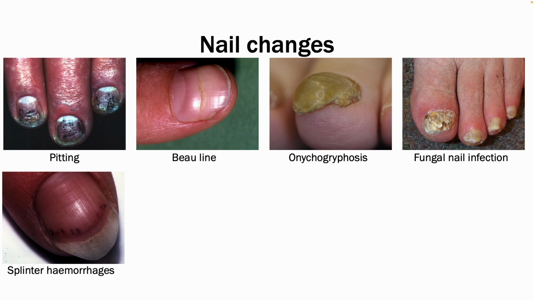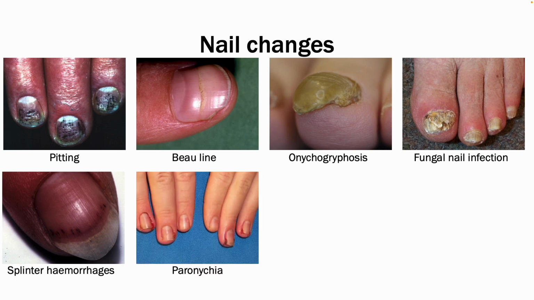Splinter hemorrhages, whilst not a direct change of the nail itself, are associated with conditions such as infective endocarditis. Paronychia is the infection of the surrounding cuticles of the nail, often associated with nail biting. It can be acute or chronic and often caused by Staph aureus.